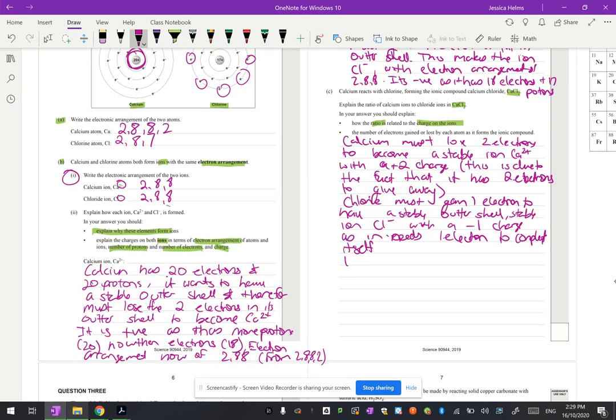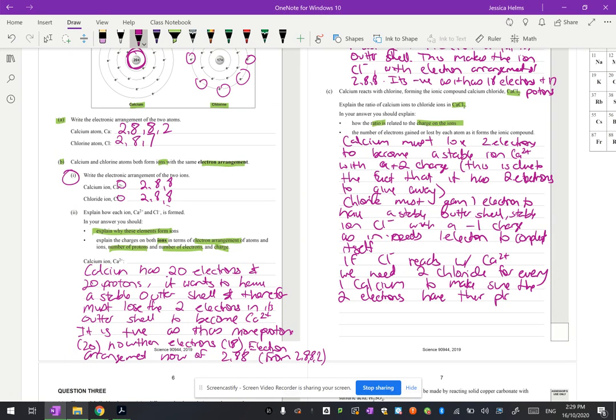So if Cl- reacts with Ca2+, we need 2 chloride for every 1 calcium to make sure the 2 electrons have their place with chloride.